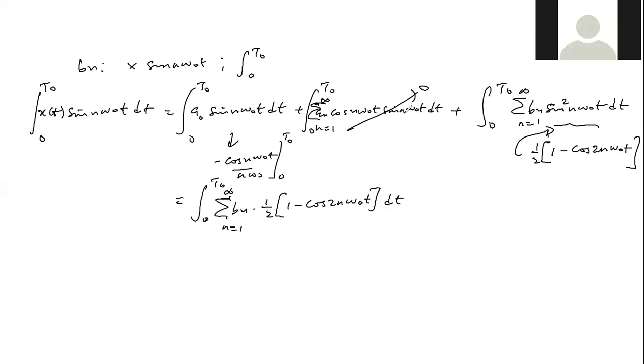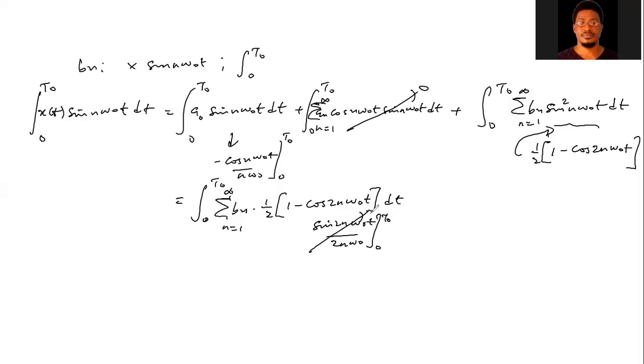Okay. Now, once we integrate this also, that's going to give us sin(2n ω0 t) over 2n ω0, and taking limits over one time period, again, this reduces to 0, so that we now have, okay, the integral is gone. And this reduces to t once integrated. So we now have b_n times 1 over 2 times this, then this over 0 to T0.